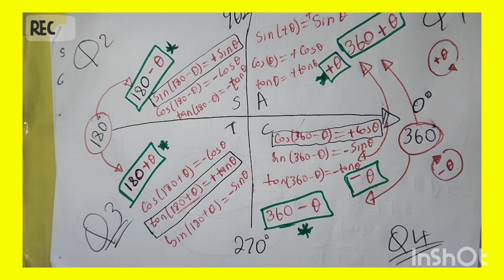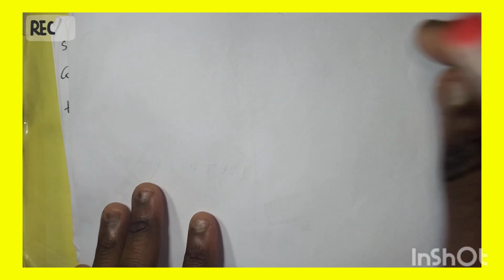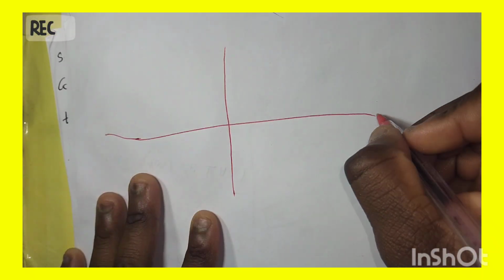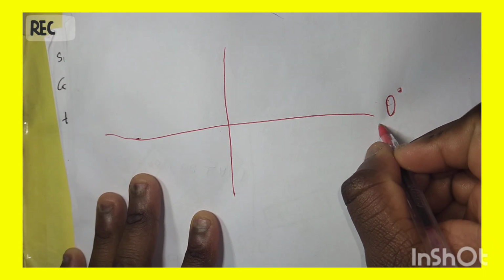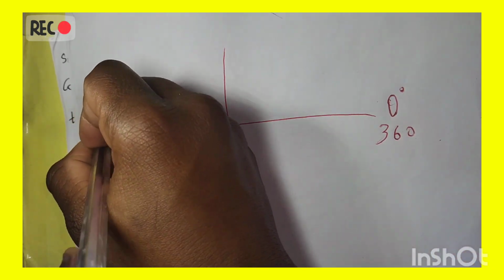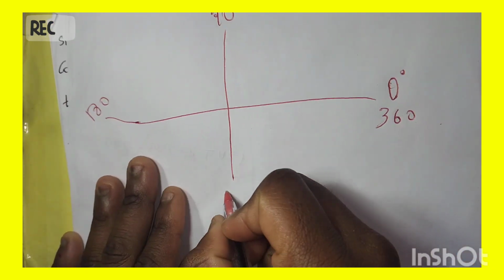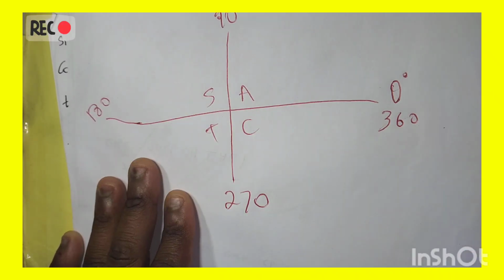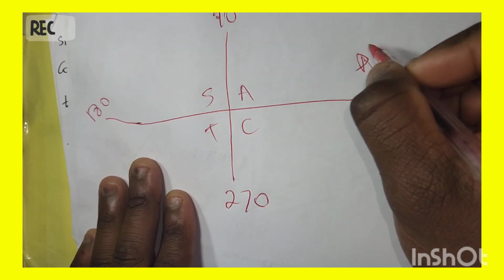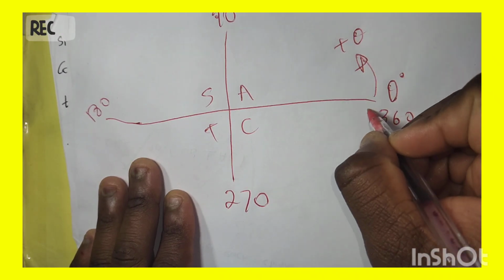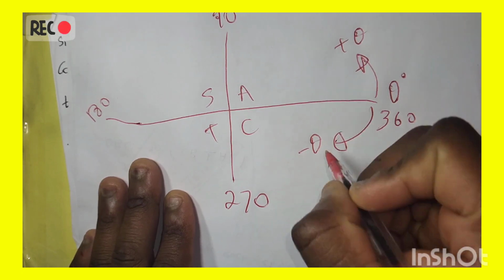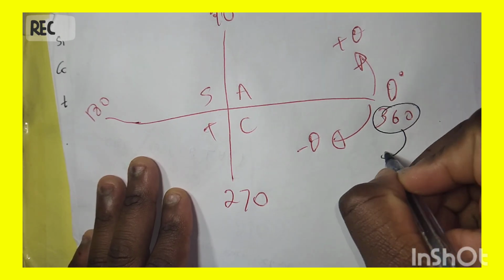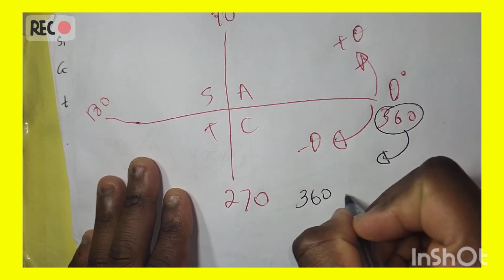What I need you to know, guys, is this. The Cartesian plane we'll be focusing on is like this: here it's 360, that's 180, that's 90, that's 270. All students take coffee. Moving that side, that's a positive angle; moving that side, that's a negative angle.